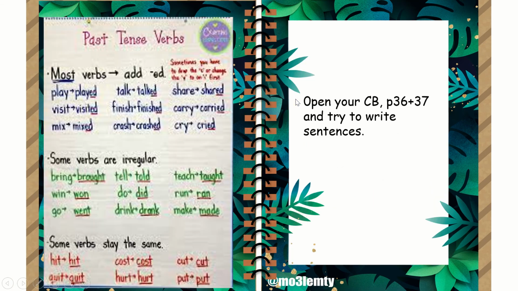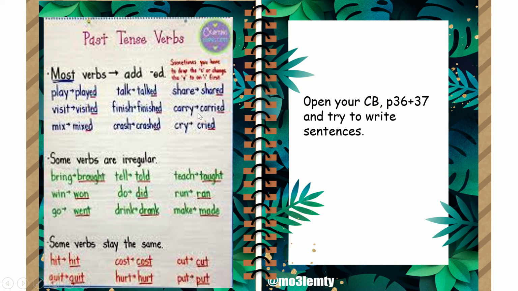Now, look here. For example, we have past tense. We have the verb here, we have regular verbs, the verbs that we add ed. For example, play, played, visit, visited, mix, mixed, talk, talked, finish, finished. Okay, crash, crashed, share, shared, carry, carried.